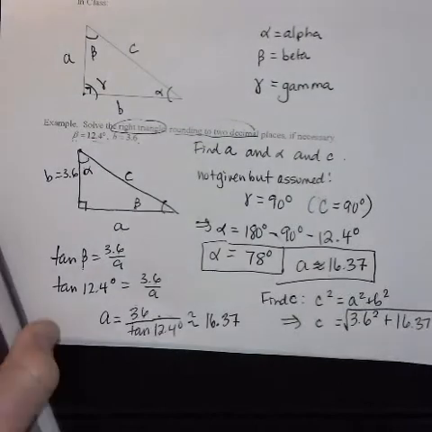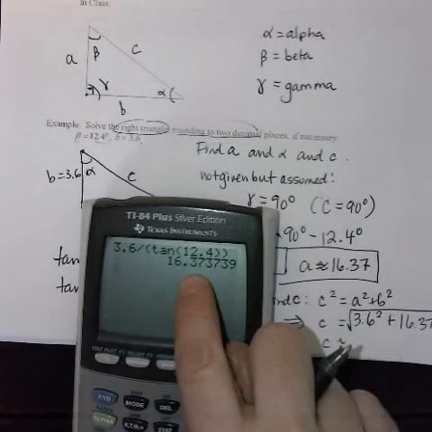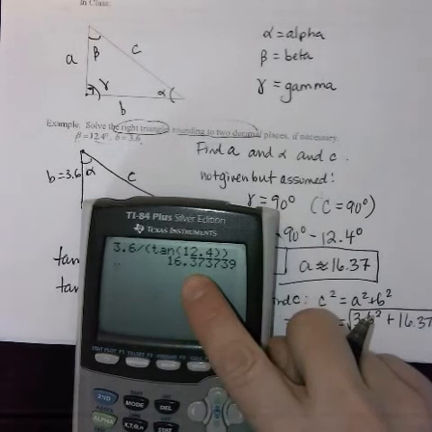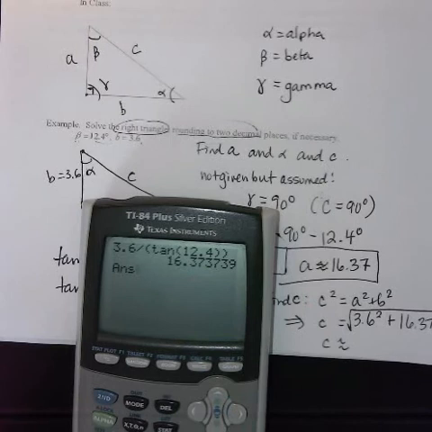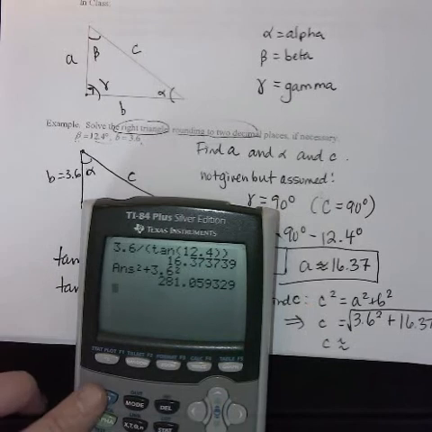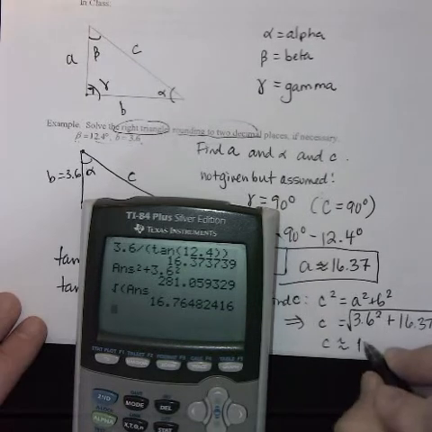So c is approximately, now when I plug this in, I'm actually going to use this number because that's more accurate. So square the answer plus 3.6 squared. And I forgot to hit the square root, so I'll do that now. About 16.8 or 16.76.